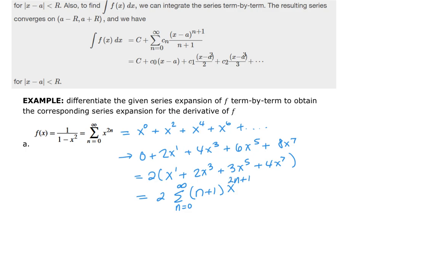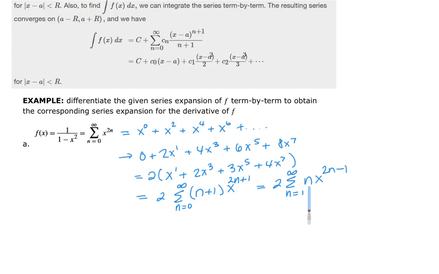No, it would be 2n plus 1. Now, this is equal to 2 summation of n equals 1 to infinity of, instead of starting at 0, I'd start at 1 here, x raised to the 2n minus 1. Let's check that out.